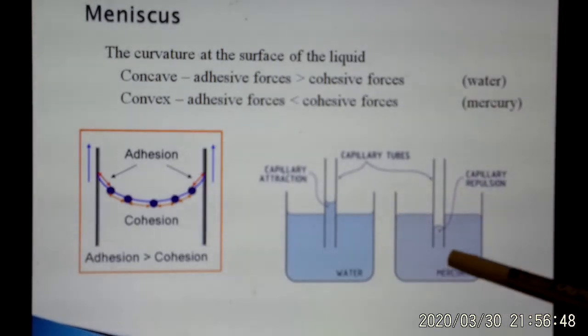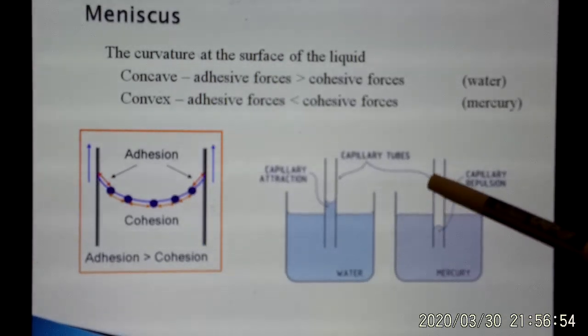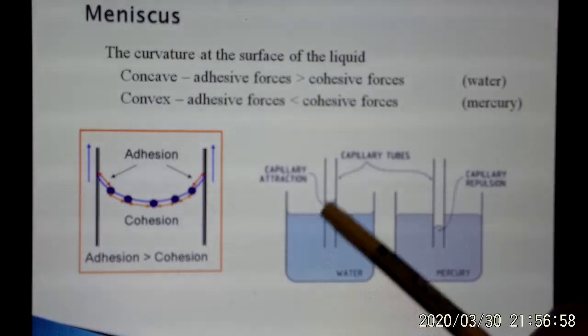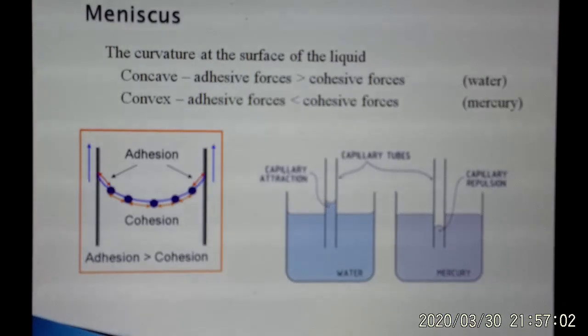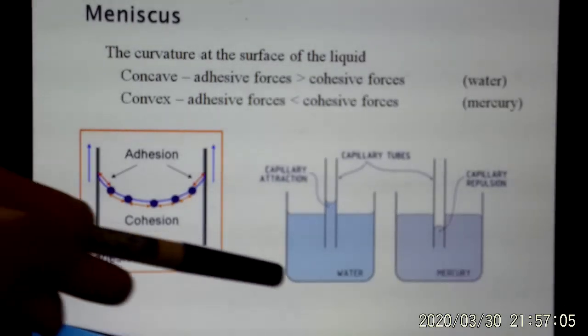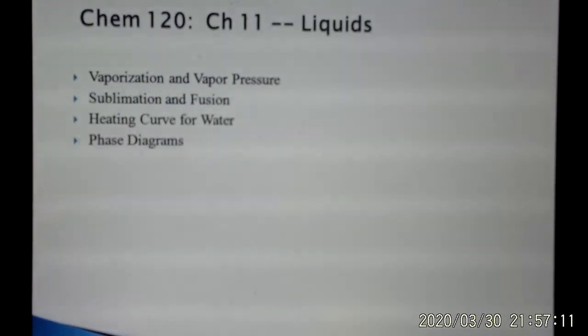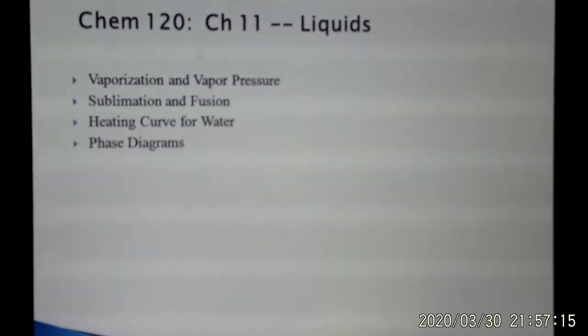So next time you look at the mercury in a barometer, you'll see it has a very convex appearance. Whereas when we're reading a burette for, let's say, an acid-base titration, you'll see it's concave, so my adhesive forces are greater. Let's take a break here and then we'll come back and talk about vaporization and vapor pressure.